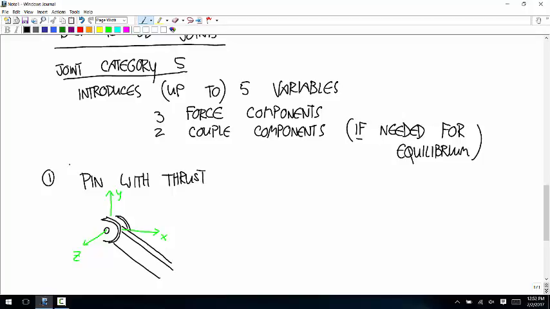And a free body diagram of that beam. We know that there are 3 components of force. So we know there's a force vector, I'll call it R.